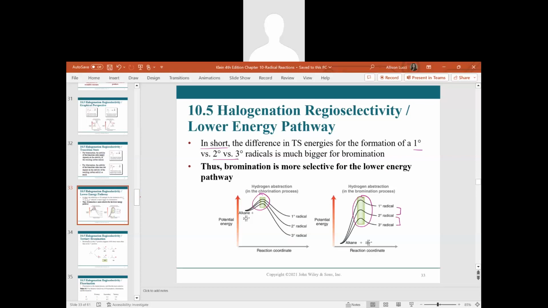So again, the rate determining step of hydrogen abstraction is going to be much faster, right? This rate of chlorination here than a bromination. And then since this is much slower, the lowest energy will be more highly selected. So the tertiary radical site bromination will be much more selective, based solely on this lower energy pathway.